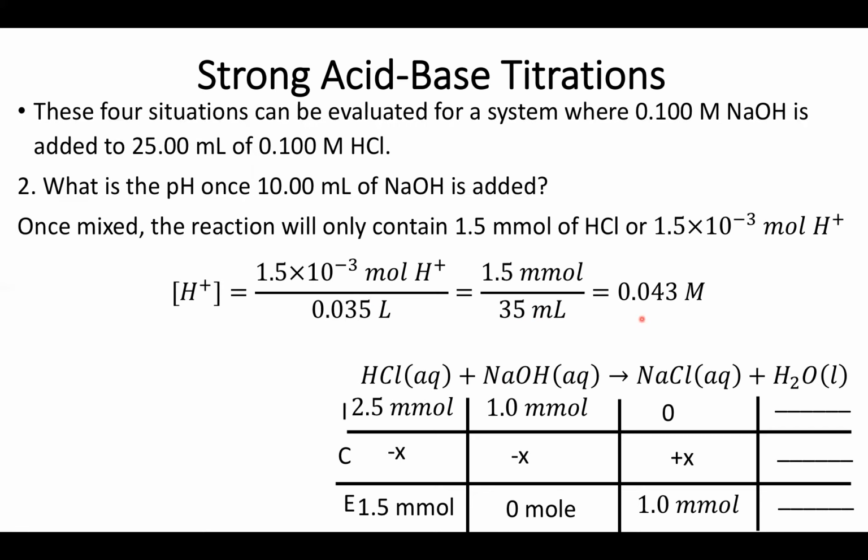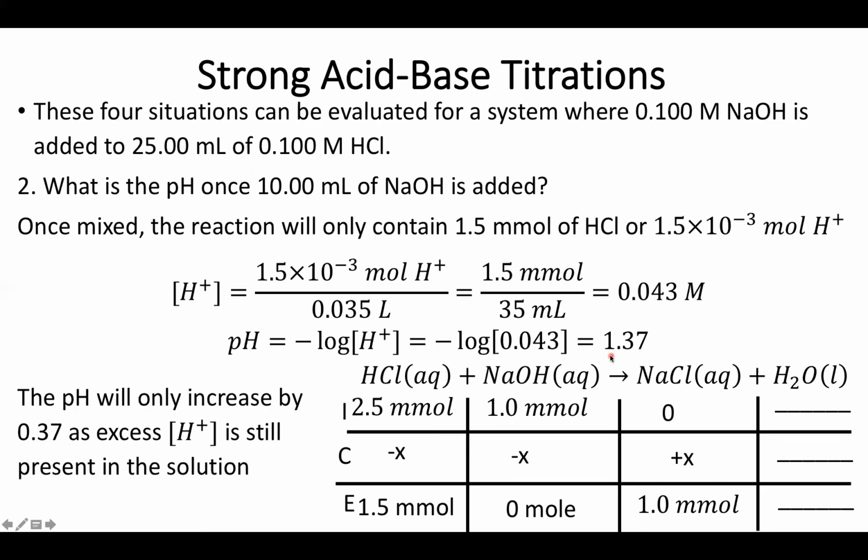So in other words, we've consumed a little bit less than half of the protons, but since the volume also increased, the concentration went down by a little bit more than half. Using this new concentration, I can plug that into my pH equation, and we'll find the pH went up by about 0.37 units to 1.37.